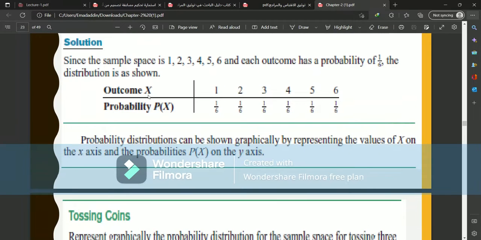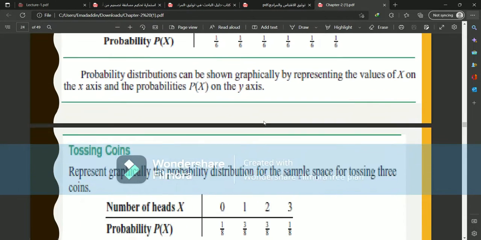The outcome x is 1, 2, 3, 4, 5, 6, and the probability P(x) is 1 over 6 for each. The probability distribution can be shown graphically by representing the value of x on the x-axis and the probability P(x) on the y-axis.